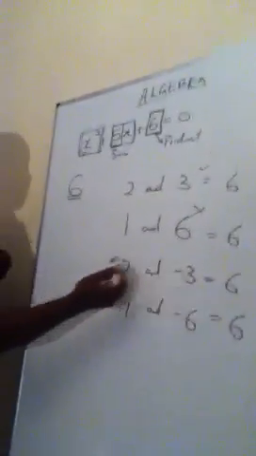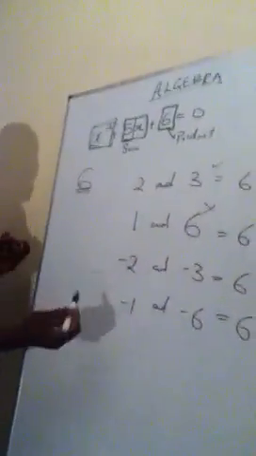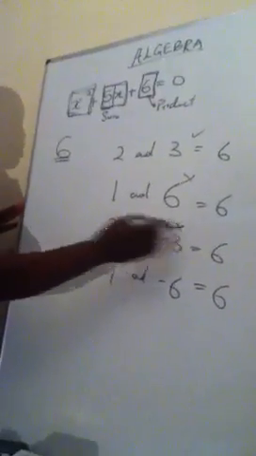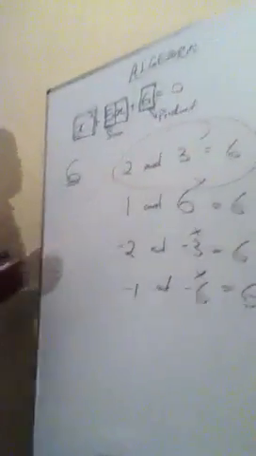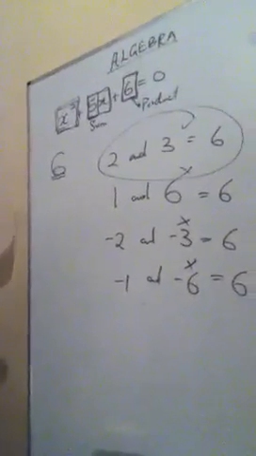No. Minus 2 and minus 3? No. Minus 1 and minus 6? No. So this is our center point, what we focus our attention on. We are considering 2 and 3.